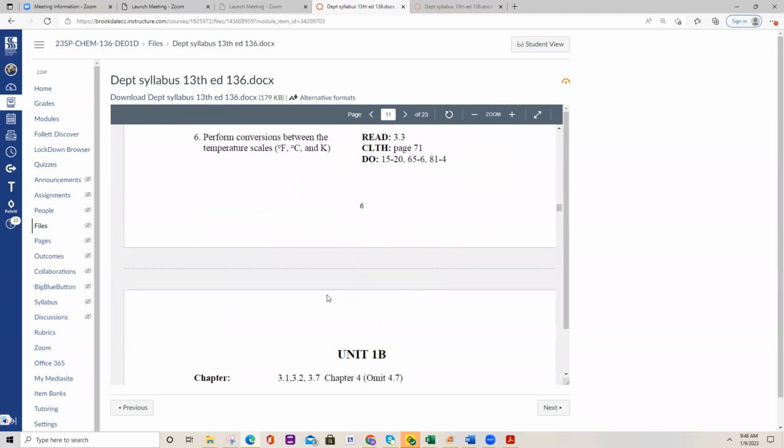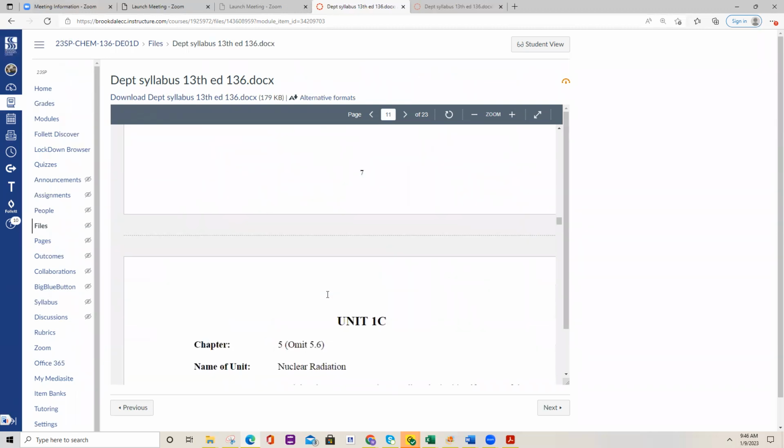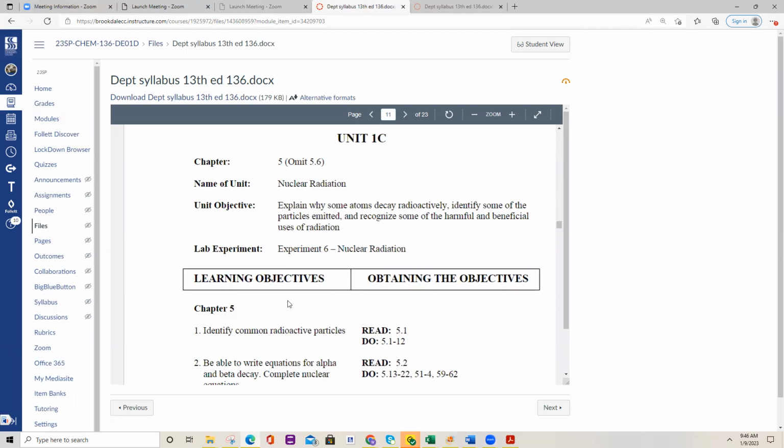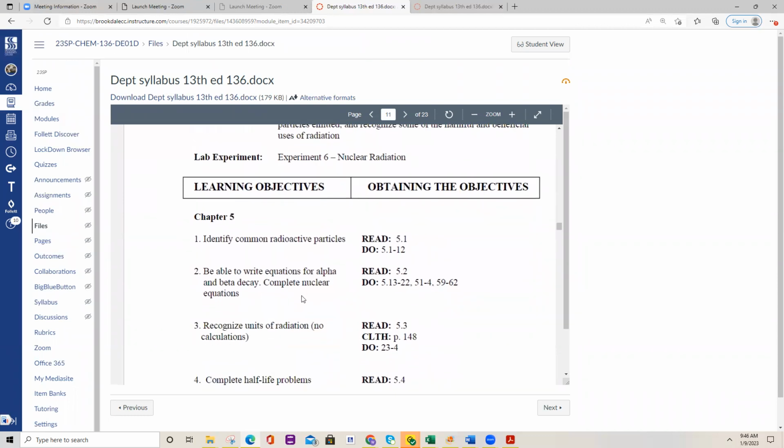So that's included for all the different units, all the different chapters. How are things broken down? What are you trying to learn? What sections of the textbook correspond to that? And then what sample problems should you be attempting some of to make sure you're feeling comfortable with that specific topic.